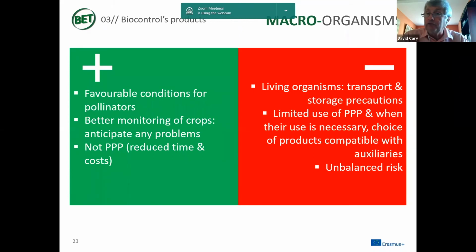And the choice that you use of combining into an IPM system needs to take that into account, and you don't want to be killing off your macroorganism by bringing in an incompatible plant protection chemical. So those are the main risks, but we also have this thing, unbalanced risk.